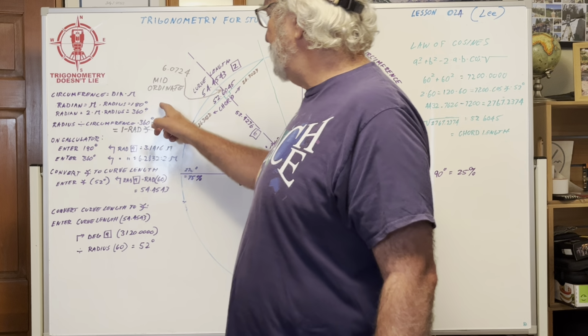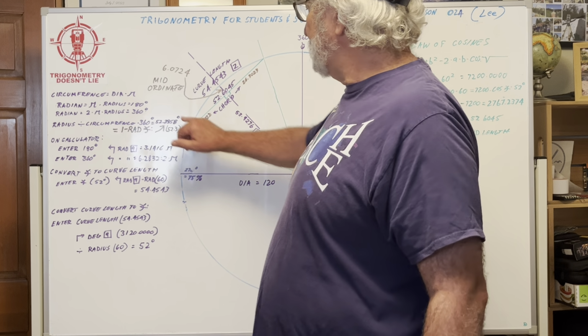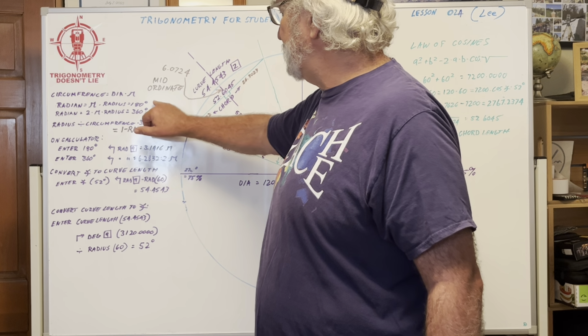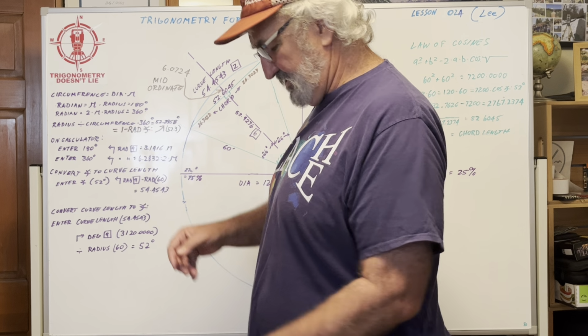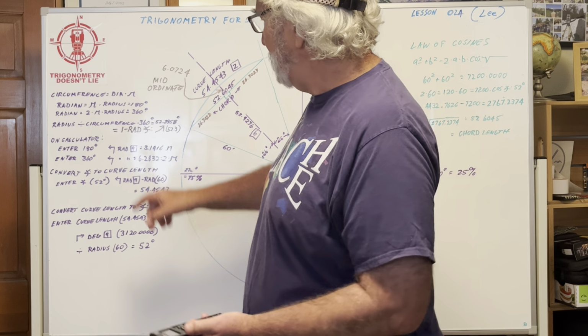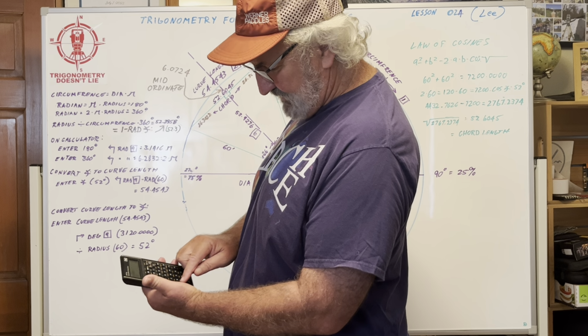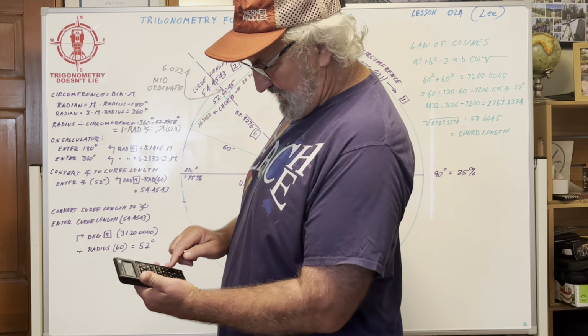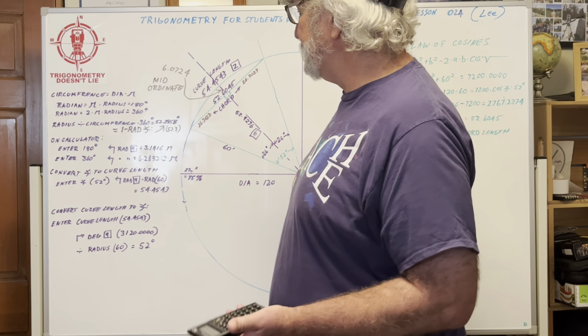So if you go into your data collector and put in 180 degrees, just enter 180, and then go to your left shift key and hit 9. It's going to come up with 3.1416, so that's pi.